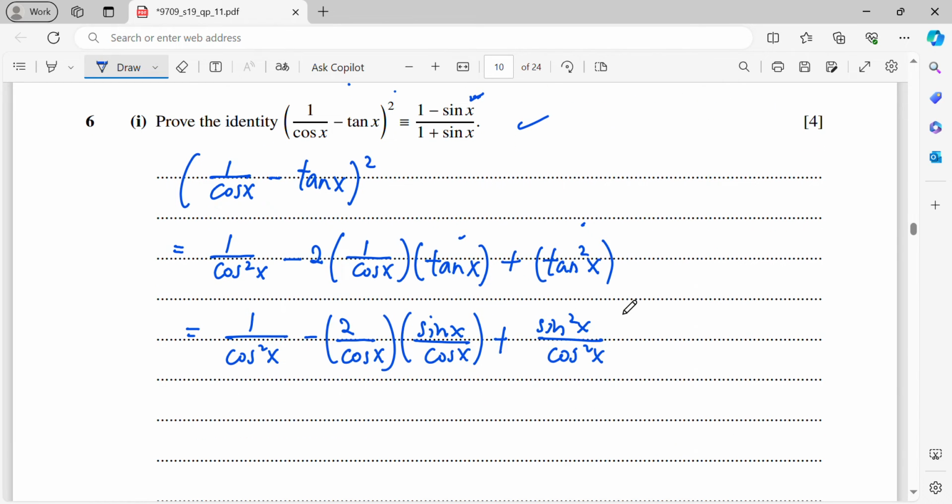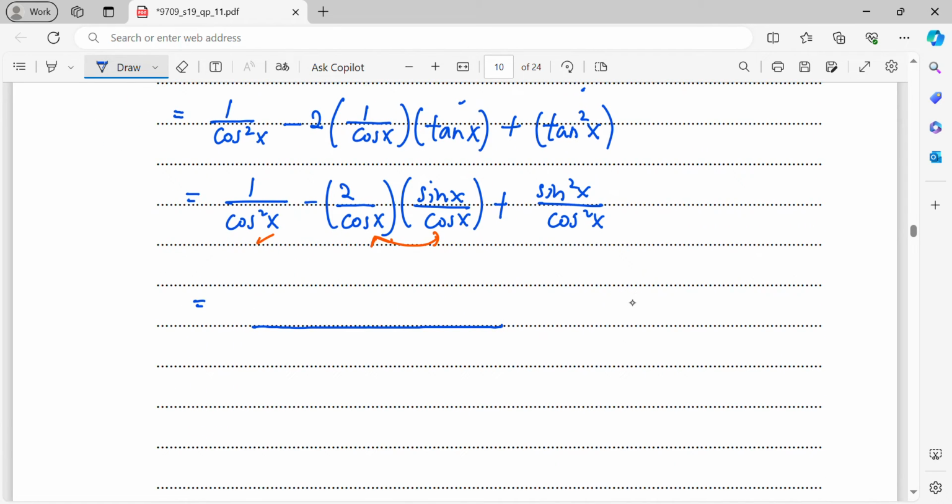Now, by looking at this, you are getting the same denominator, because cos x times cos x is cos square x. So with the same denominator for all three terms, I can just combine all the terms.